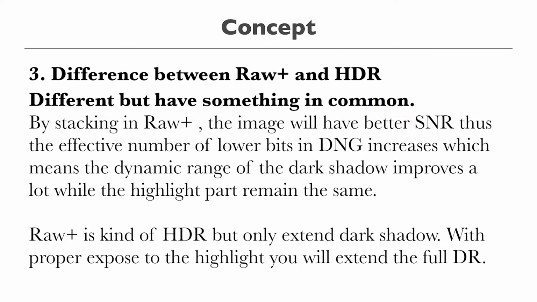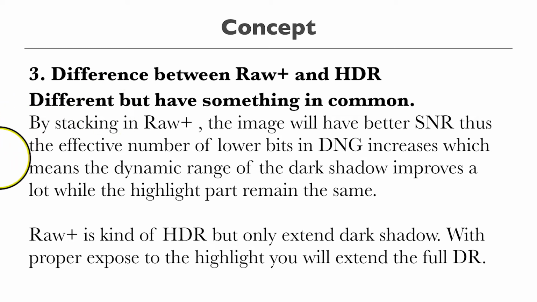By stacking with the RAW Plus, the image will have a better signal-to-noise ratio. Thus, the effective number of lower bits in the DNG file increases, which means that the dynamic range of the dark shadow improves a lot, while the highlight part remains the same. So the RAW Plus is kind of like the HDR, but it only extends the dark shadow part.